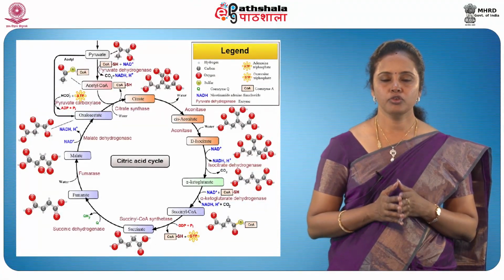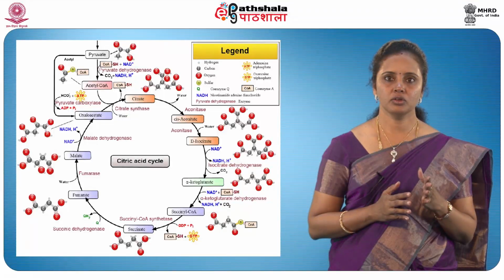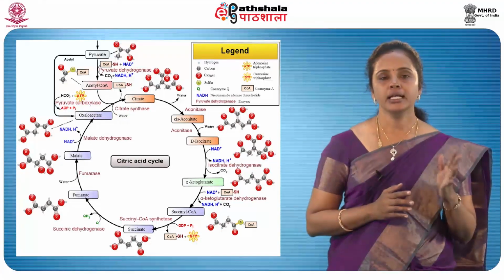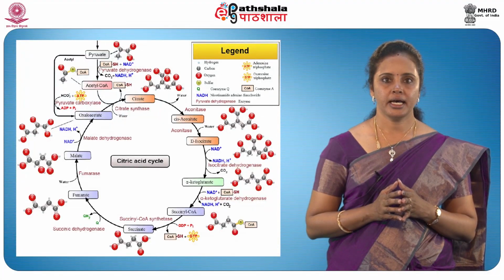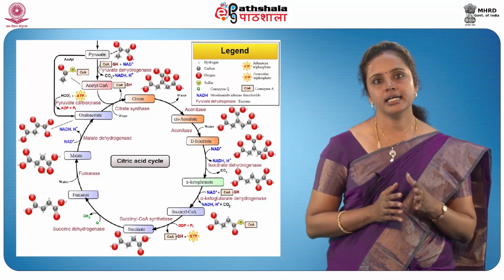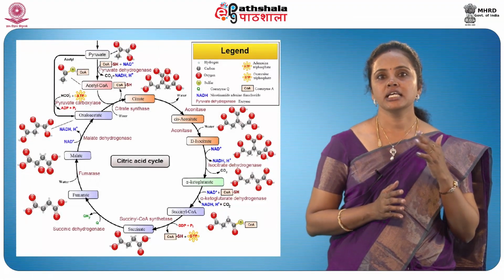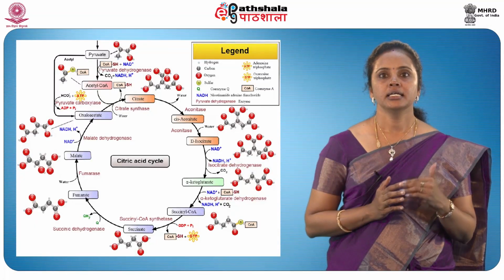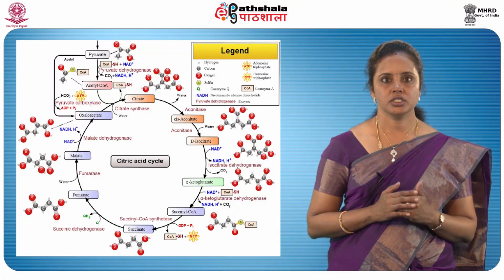In reaction 4, the alpha ketoglutarate loses one carbon dioxide molecule and coenzyme A is added in its place. The decarboxylation takes place with the help of NAD that is converted to NADH.